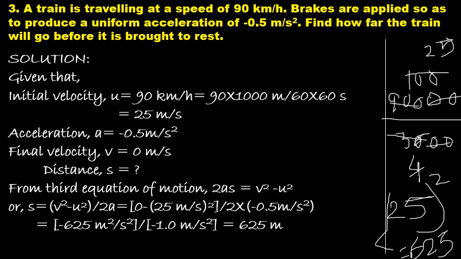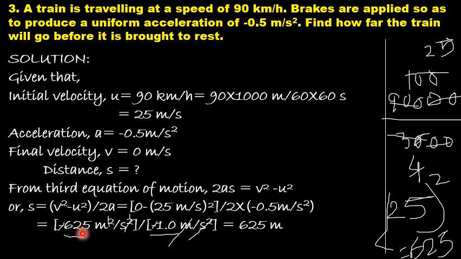So here numerator में भी negative है और denominator में भी negative है. The two negative signs will get cancelled out. And 625 upon 1 is 625. Second square gets cancelled out. Meter square cancels with one meter, and only 1 meter term remains.